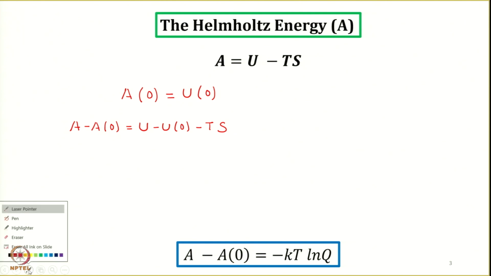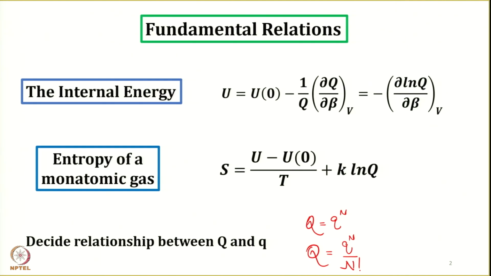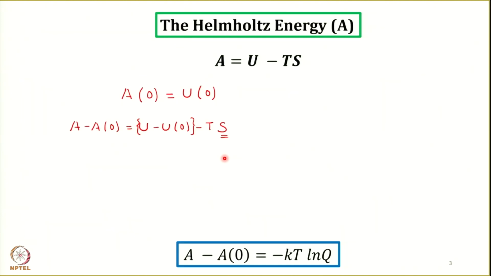Now, we already know the expressions for U minus U0, and we already know the expression for entropy. What is that expression? Take a look at the previous slide. Entropy is given by (U minus U0) by T plus k log Q. I will make use of this expression and proceed further. So, let us now move forward. A minus A0 is equal to, I will retain U minus U0.